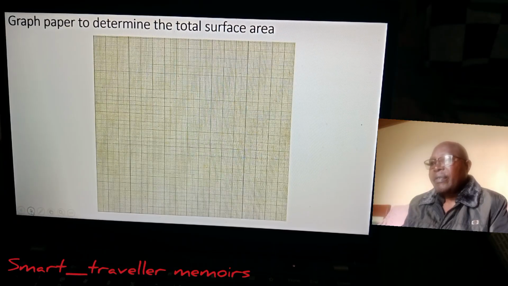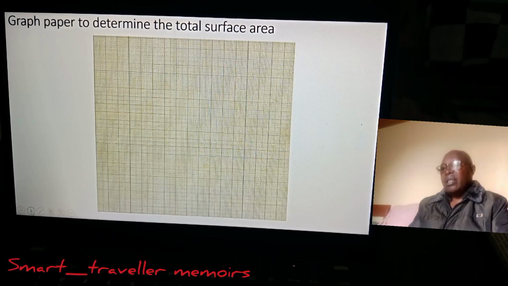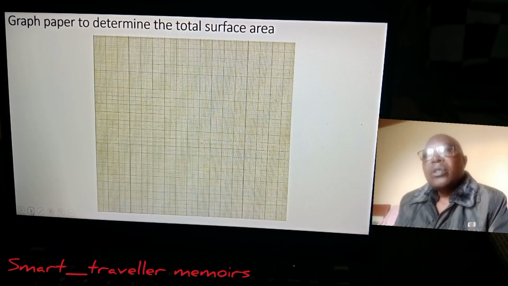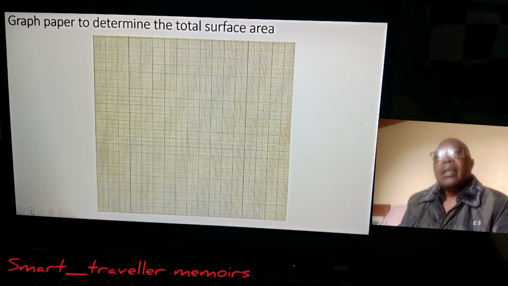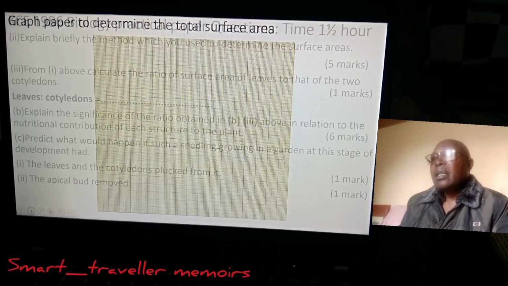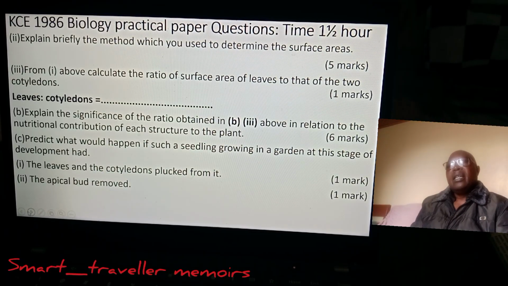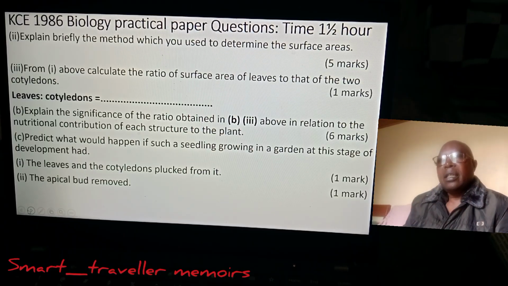So you give total surface area of leaves and the total surface area of cotyledons. So, ladies and gentlemen, the graph paper to determine the total surface area is displayed there, as you can see.